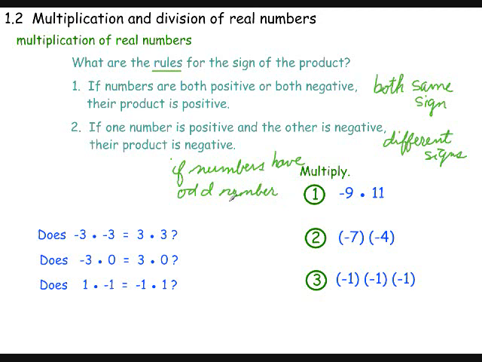If numbers have an odd number of negative factors, because we could have many, many factors, couldn't we? Then your product is negative. Okay? So that's another way you could say it.